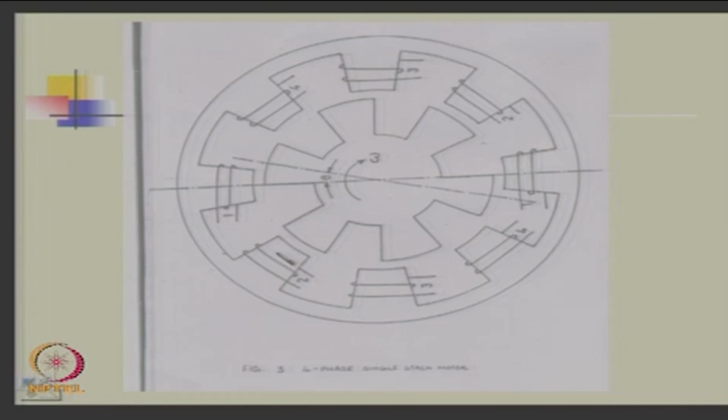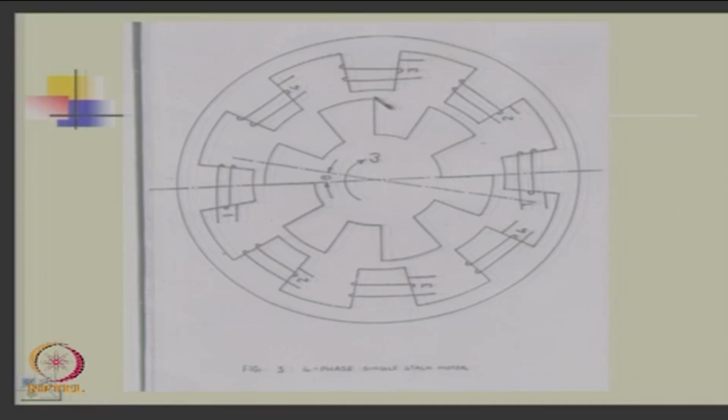And which phase will have minimum inductance in this position? Phase 4 is unaligned, this is aligned, this is unaligned, and others are in between.